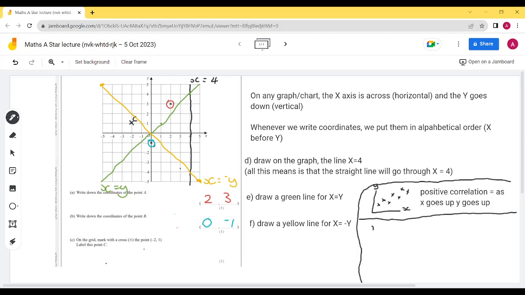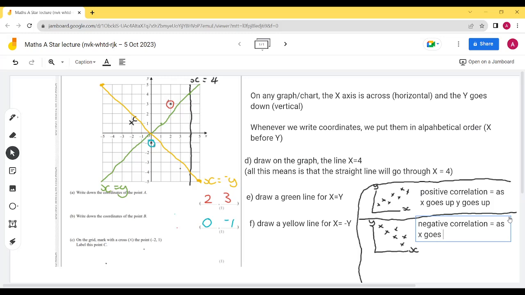And then you could have down here, in the opposite direction, a bit like the yellow line on the graph I mentioned, a negative correlation, which is as x goes up, y goes down.